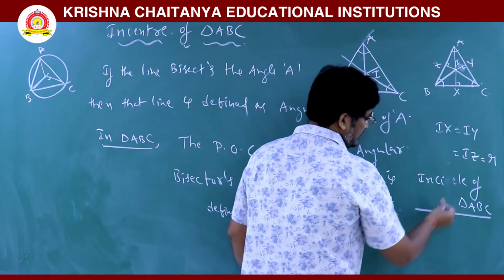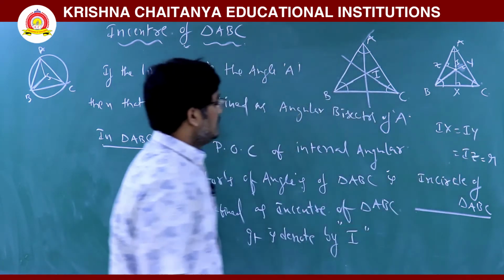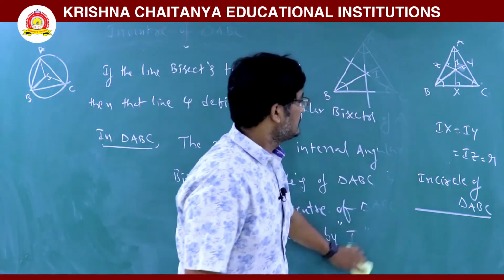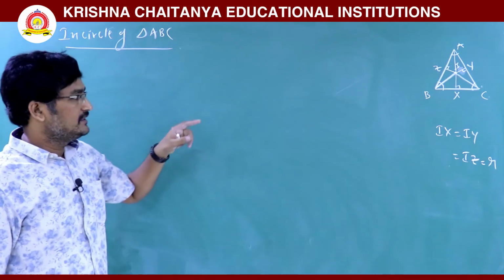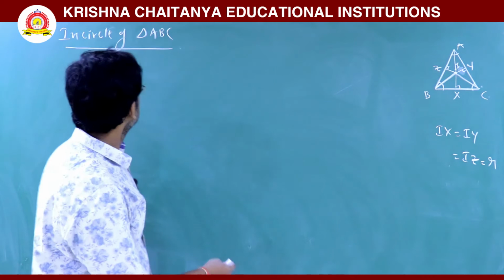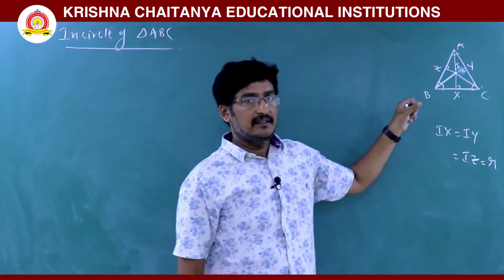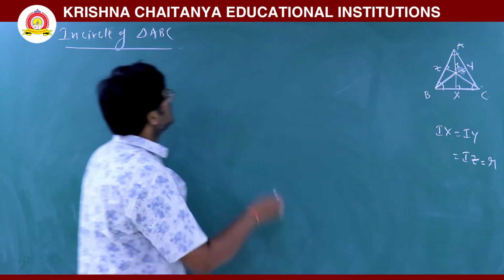Listen carefully. What is the incircle of triangle ABC? That means, suppose you draw a circle by taking I as the center.